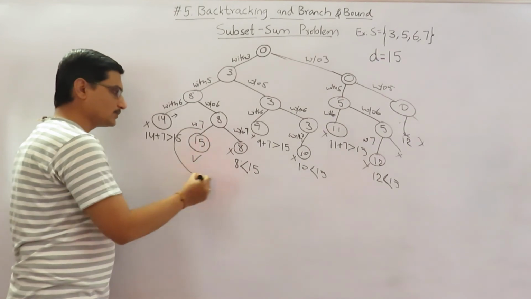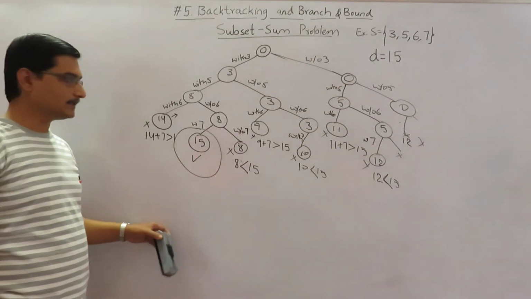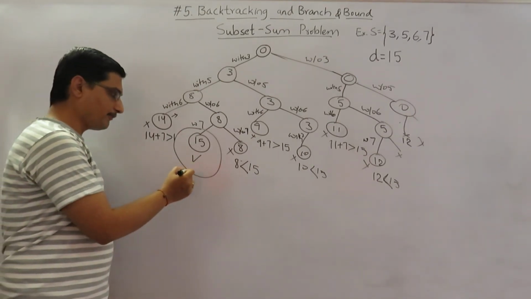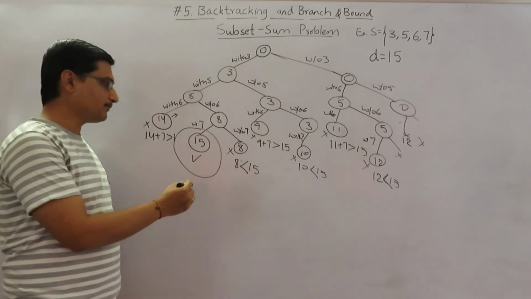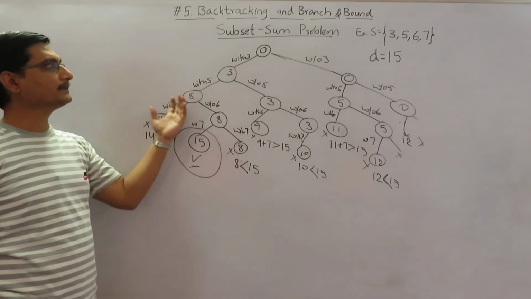So this is the solution. Of course, I am going to solve many other important problems on this in the question paper solved videos. But for this instance of the subset sum problem, this is the solution. This is how we can develop the tree with and without.